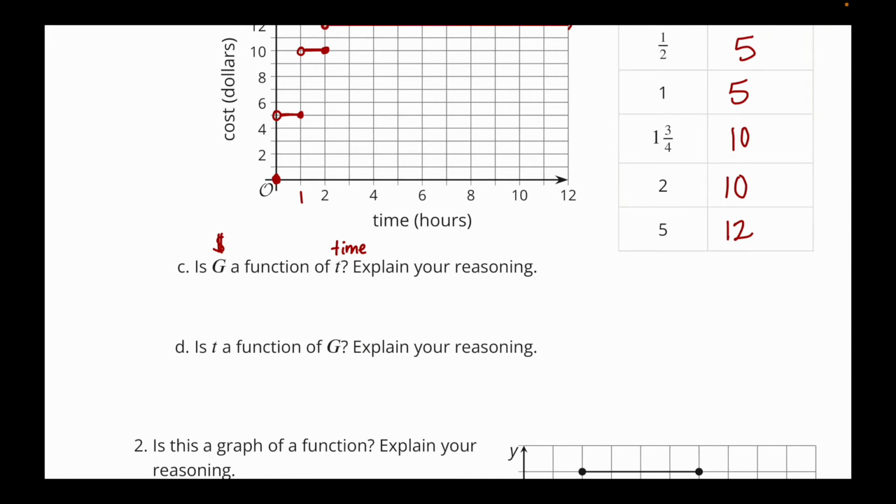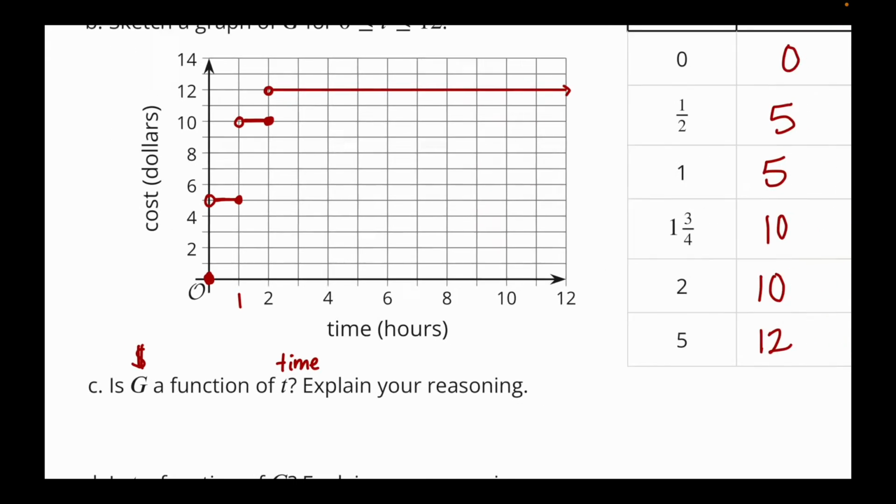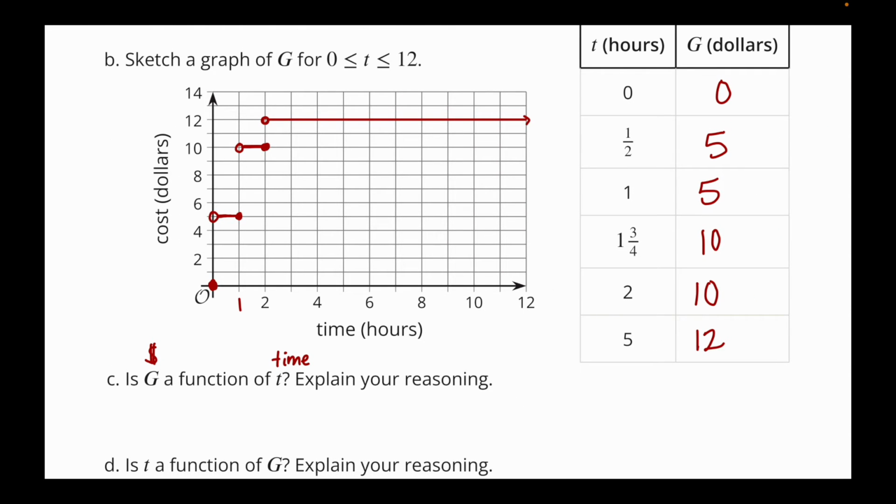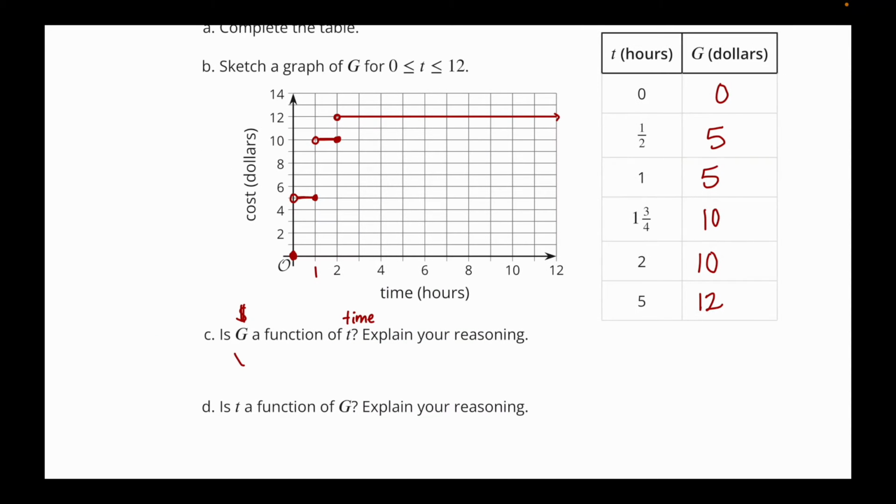And that would be our standard format. So where G is the output and T is the input, because we would always say output is a function of the input. And in that case, yes, because no matter what time you parked, you would only have one price. You would pay one amount. They wouldn't be charging you two different amounts. So we would say yes.